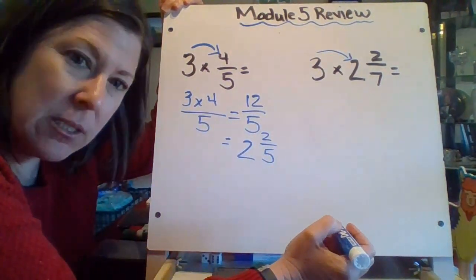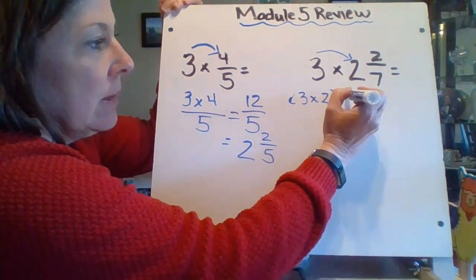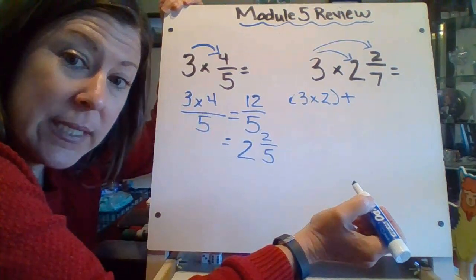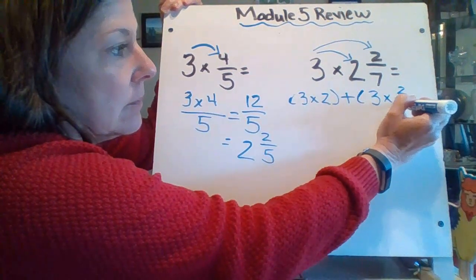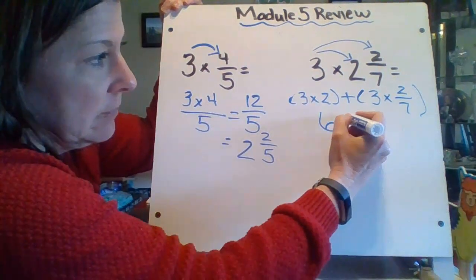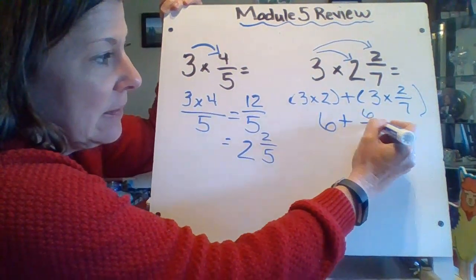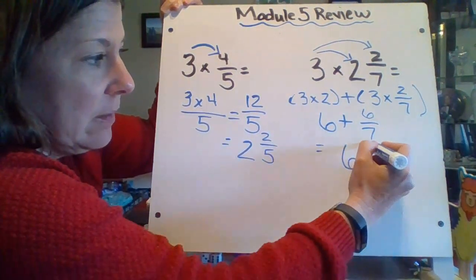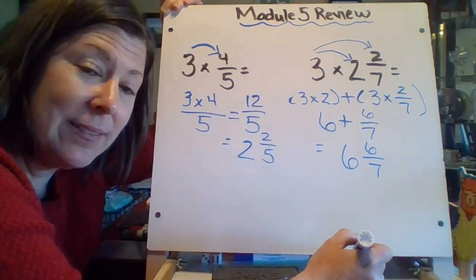So it's the 3 times the 2 and the 3 times the 2/7. 3 times 2 is 6. 3 times 2/7 is 6/7. Which gives me a final answer of 6 and 6/7.